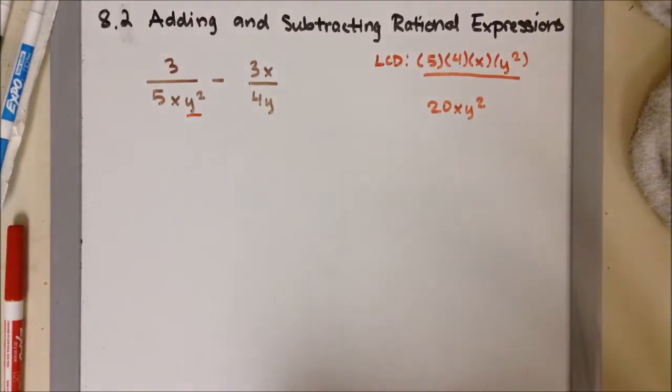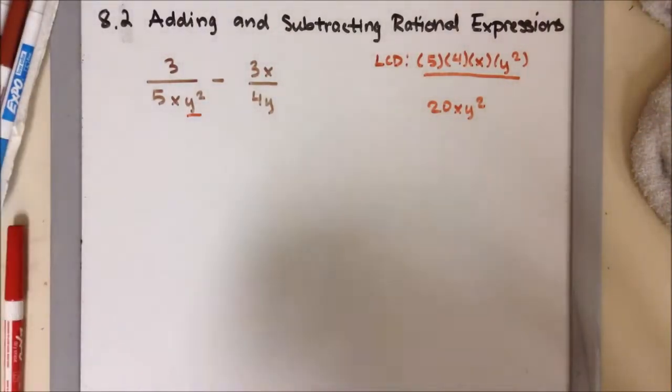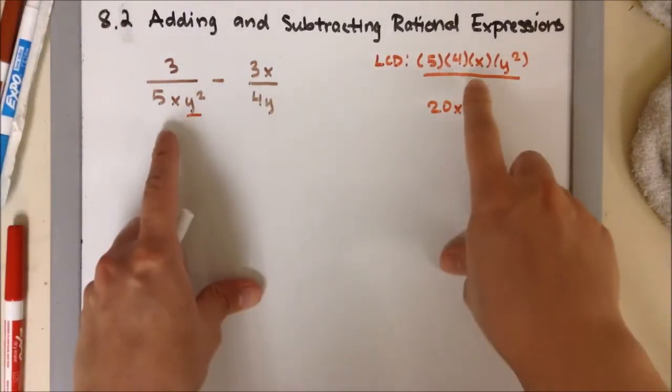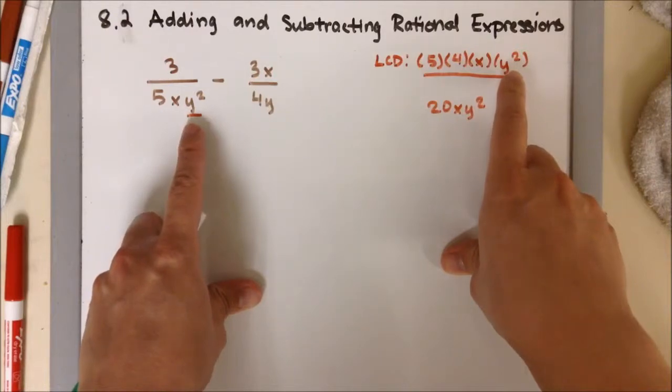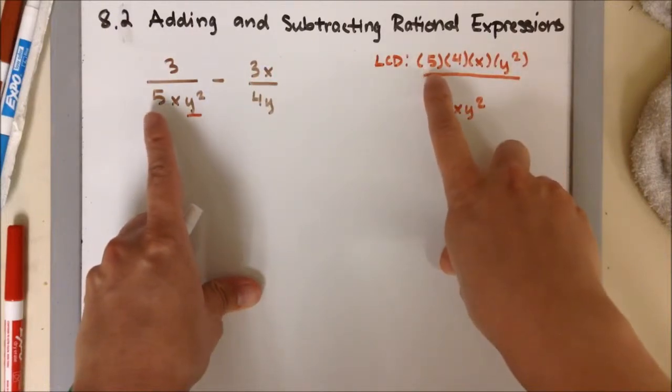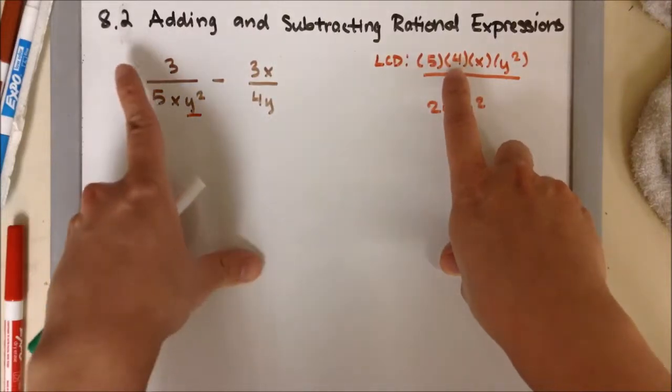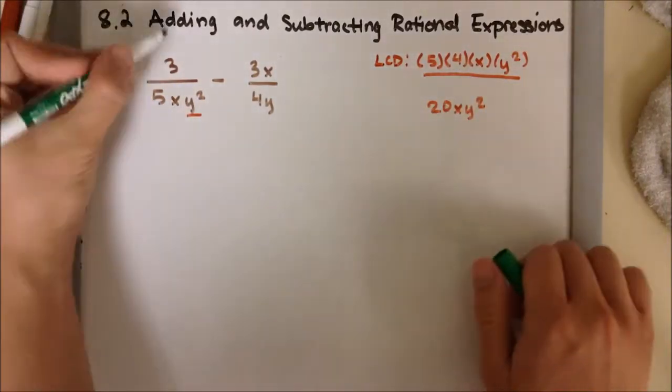Alright, now let's compare the fractions with the LCD that we formulated. In the first fraction, it has the x and the y squared, but in addition it has a 5, but it does not have the 4, so I'm going to multiply the numerator and denominator by 4.